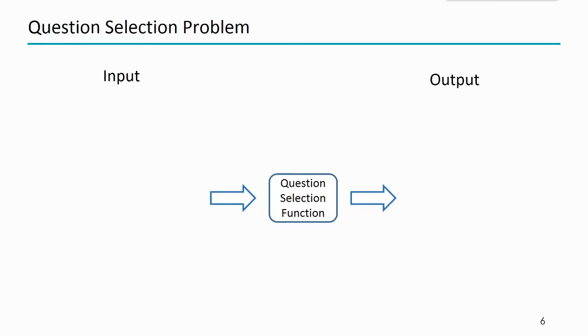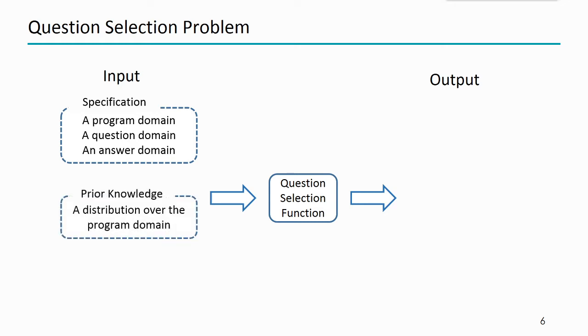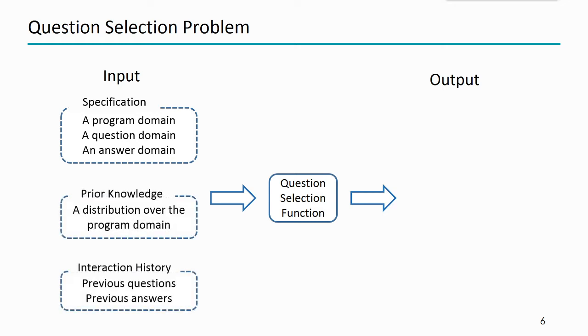The input of a question selection function is comprised of 3 parts: a specification, which describes a domain of possible programs, a domain of available questions, and a domain of possible answers; prior knowledge, represented by a distribution; and an interaction history, which records the selected questions and the corresponding answers in the previous rounds.